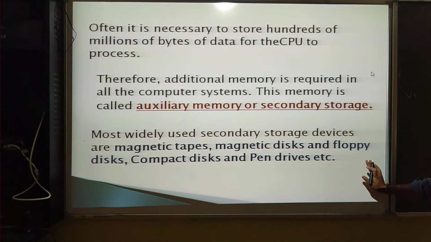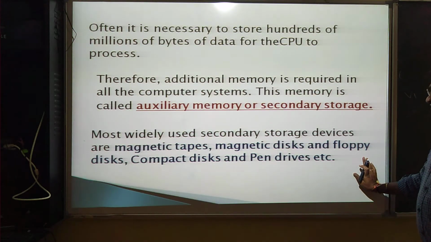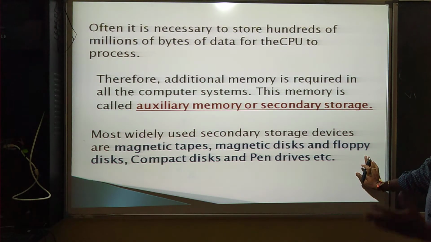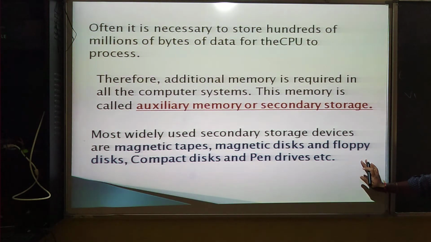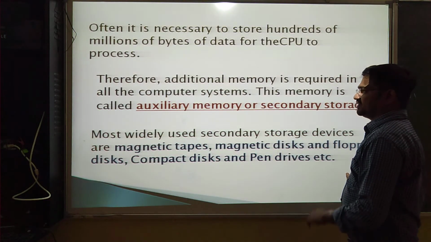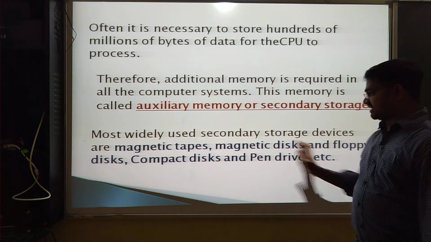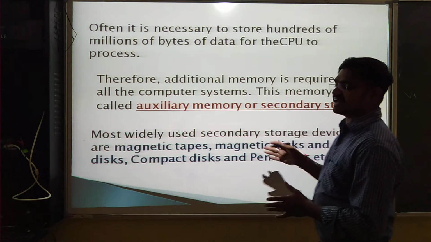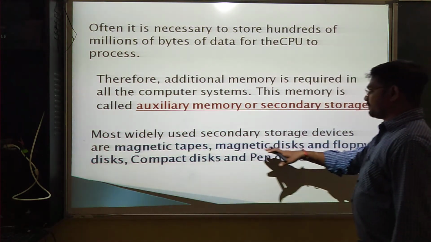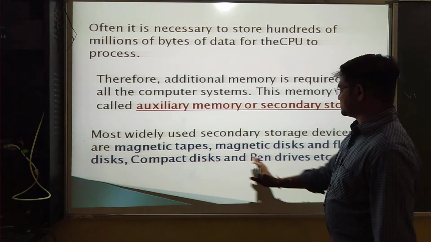The most widely used secondary storage devices are magnetic tapes, magnetic disks, floppy disks, compact disks, and pen drives. An external storage device is one of the most important ways to carry information from one place to another.